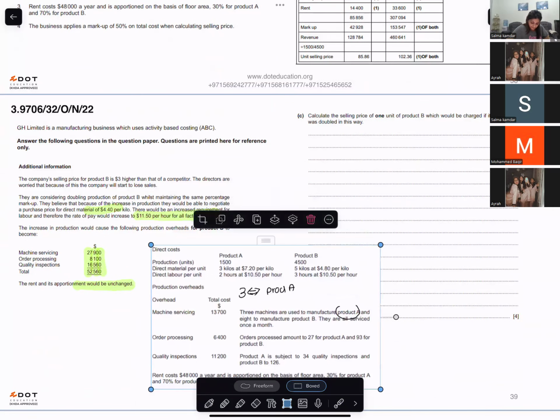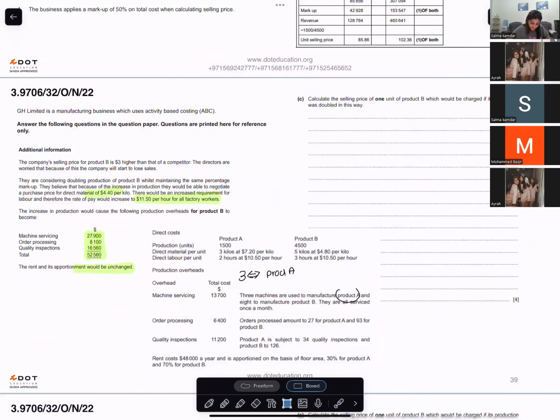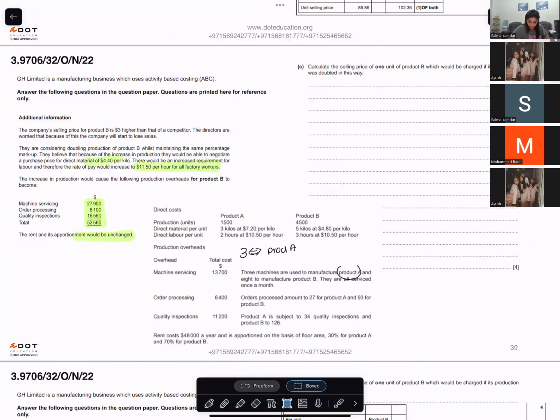The new selling price of one unit. And production would become how much? Double, that means how much? I think 1,000. No, product B is 4,500, so it would become 9,000. Okay.